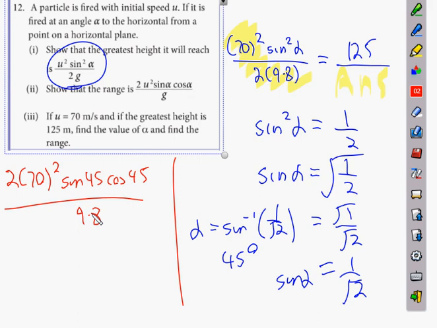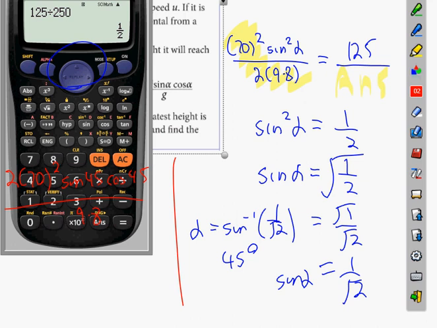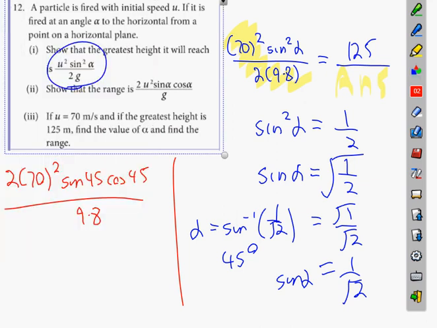It's 4,900 divided by 9.8. 500. Okay, so it's 500 meters.